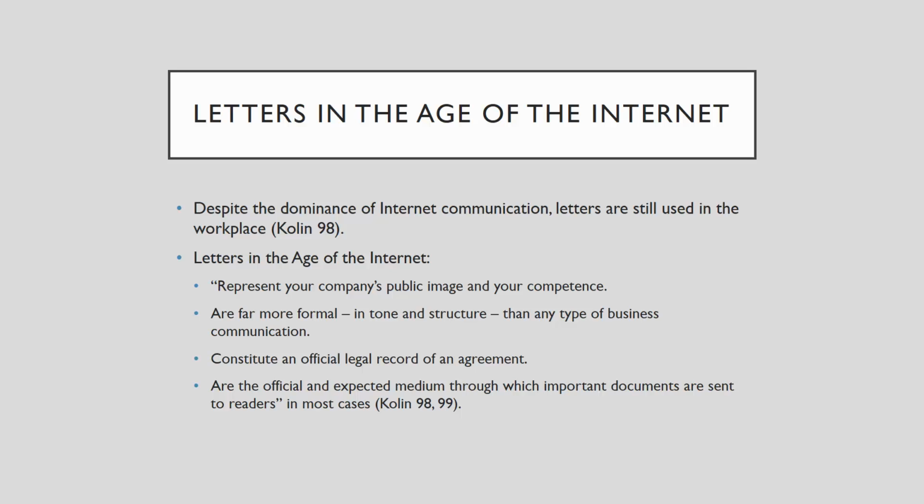When we say that letters represent a company's public image, you may notice in your textbook on page 100 that there's an example of a letter, and in that letter it has something at the top called a letterhead. Companies a lot of times will have their logo and some type of graphic design of their image on the tops of their letter correspondence.